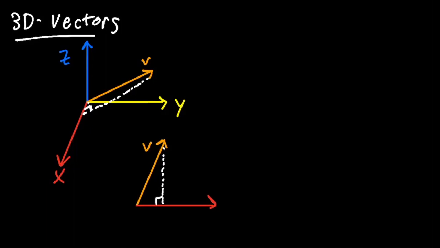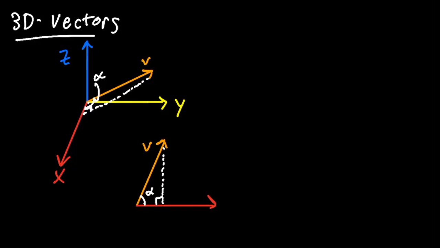I drew this triangle so that the side here is at a right angle to the x-axis, so that way we have a right triangle. This angle in between the vector and the positive x-axis we could call alpha. So this angle right here is alpha.